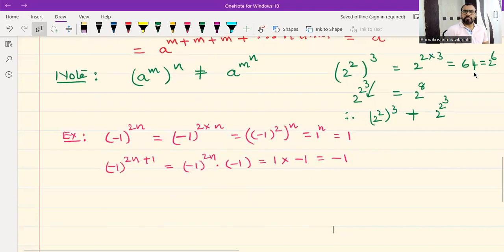We use (-1)^n very frequently in mathematics.